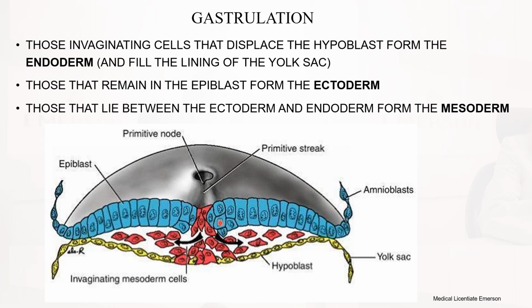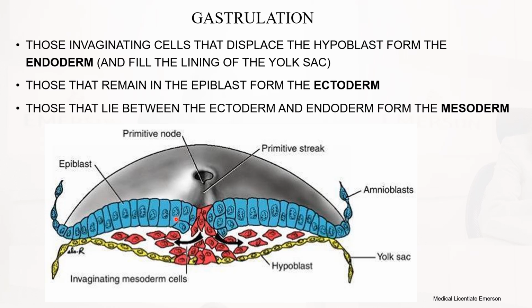So here comes the explanation of the picture. What we are just saying is that, remember, we are talking about the primitive streak and the primitive node, and finally we are talking about the invaginating mesodermal cells. Since those cells are invading the epiblast and the hypoblast, there are cells that are going to displace the hypoblast.